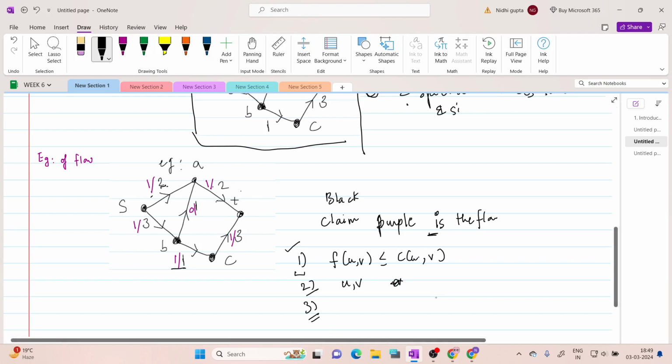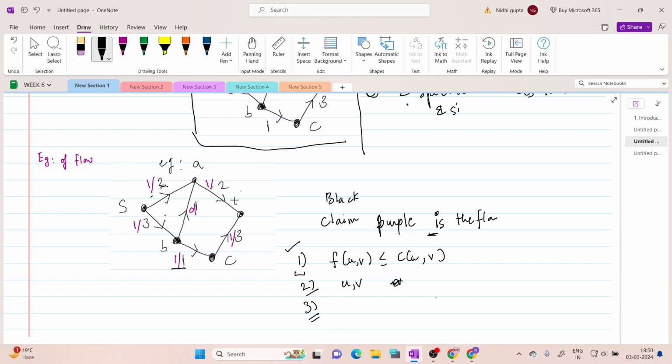For every vertex which is neither a source vertex nor a sink vertex, the flow coming into that vertex should be equal to the flow going out of that vertex. So what are the vertices other than sink and source? They are A, B and C. So we have to check the conservation law for A, B and C.